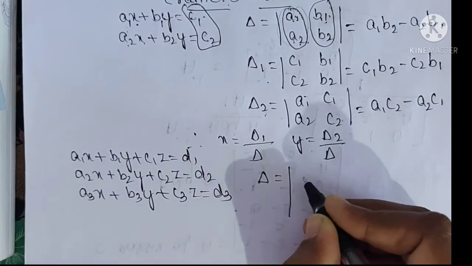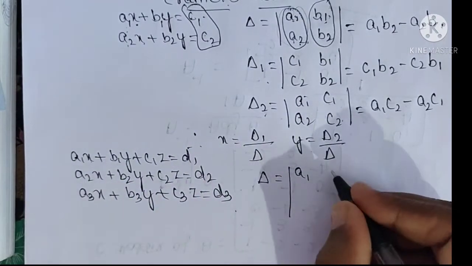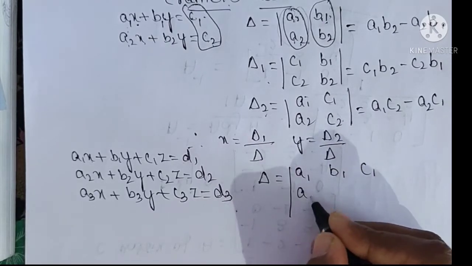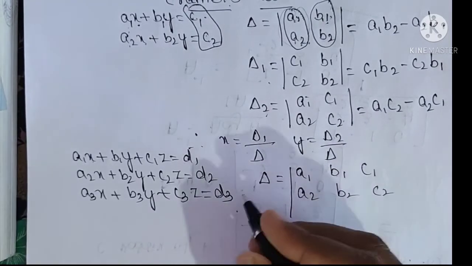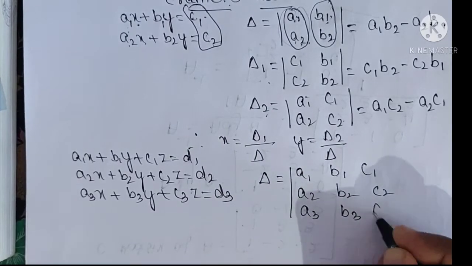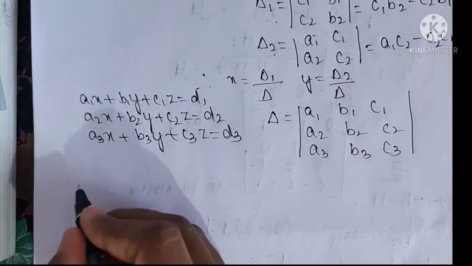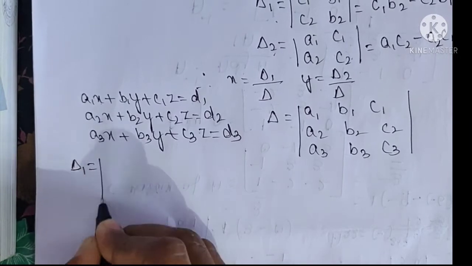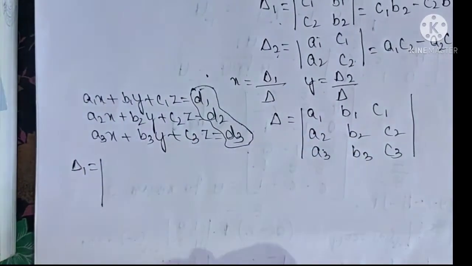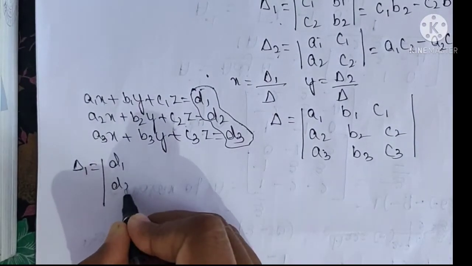Delta is the determinant of the coefficients of x, y, z. The coefficients in the first equation are a1, b1, c1, in the second equation a2, b2, c2, and in the third equation a3, b3, c3. This is delta. To get delta 1, you replace the first column by the constants after the equals sign, which are d1, d2, d3.